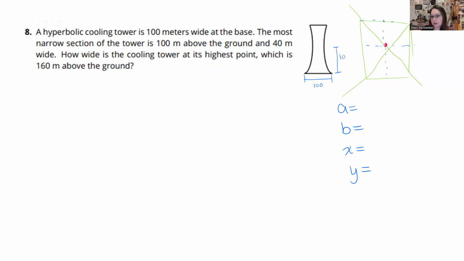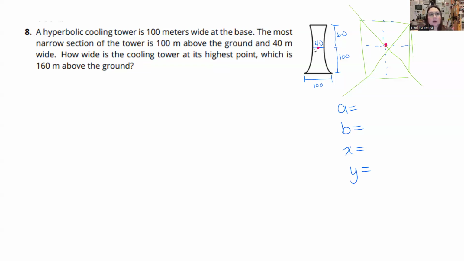This is 100 meters off the ground, and this distance is 40. The highest point is 160 meters above the ground, so this distance would be 60. A equals 80. No, so this corresponds with this piece right here, if we put the center right in the middle.